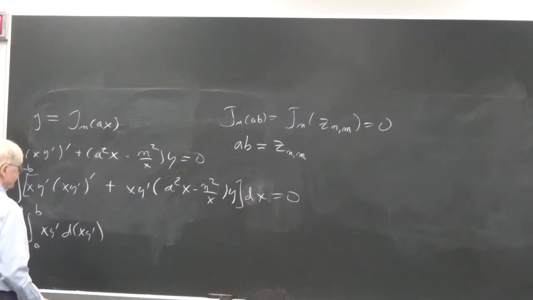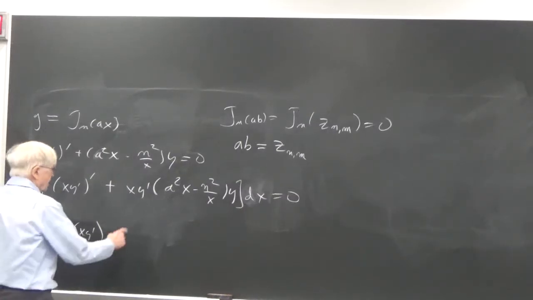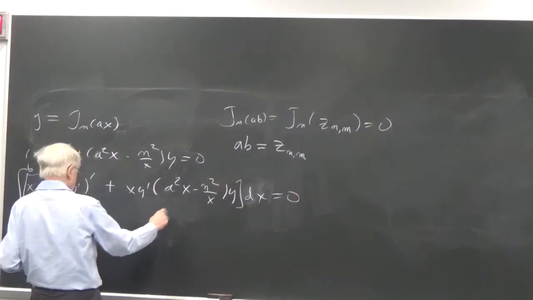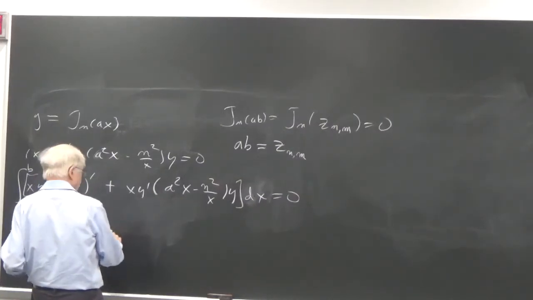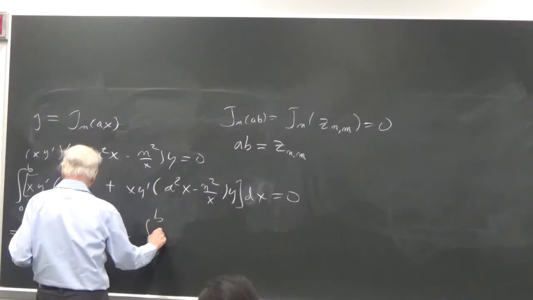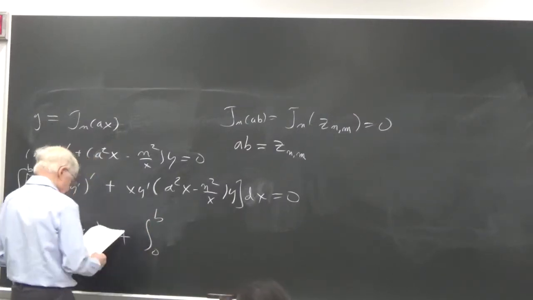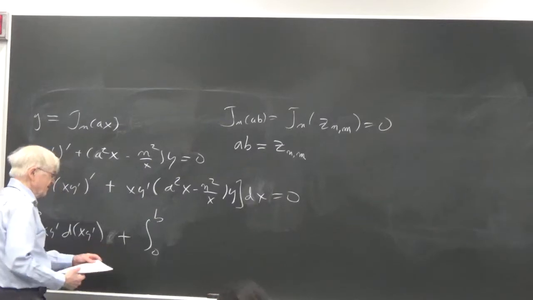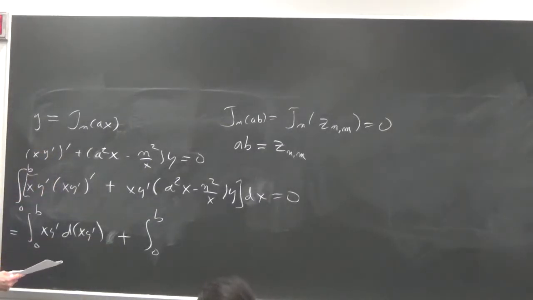And the rest of the integral is integral 0 to b of, well, of course I've got the solution in front of me here, so instead of trying to invent it, I probably should just follow my notes.